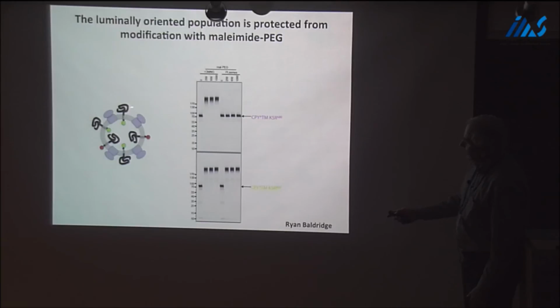All the cysteines are on this large domain, and so as you expect, the green molecules should be modified regardless of whether you have detergent present. So this is the unmodified, this is the modified. But the red molecules should have the cysteines protected by the bilayer, and indeed we see no modification unless we add detergent. So this proves that the orientation is correct.